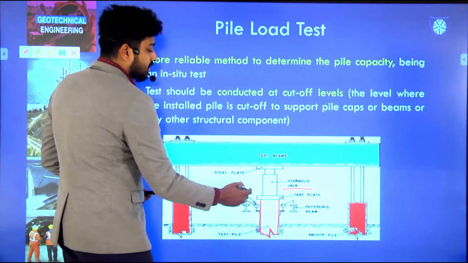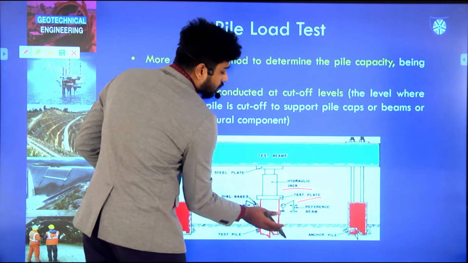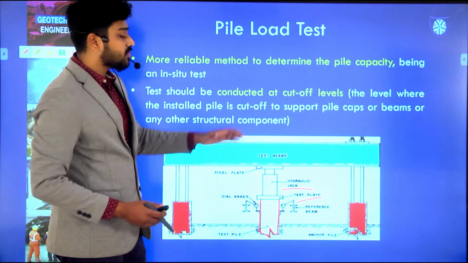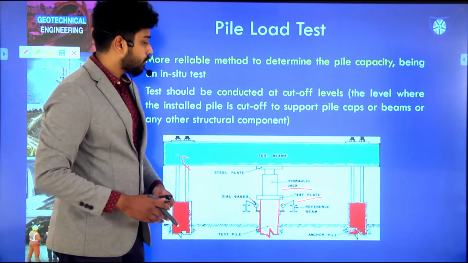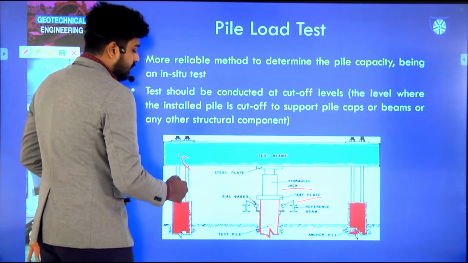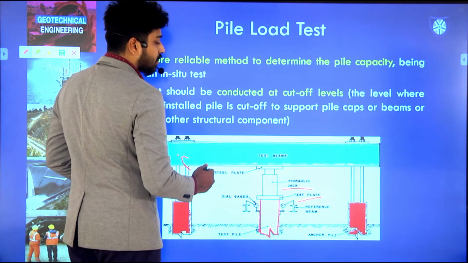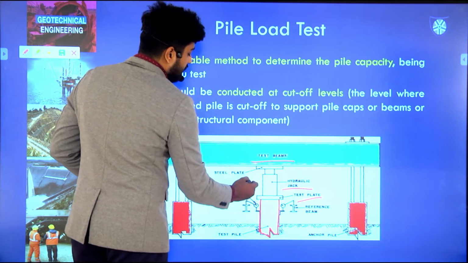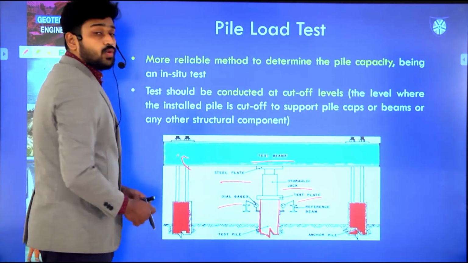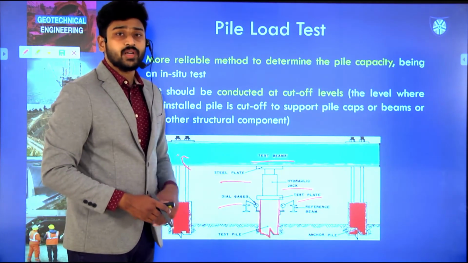There is a test plate placed on top of this pile so that it will distribute the load to the pile, and then it is driven into the ground. The other setup is similar to that of the plate load test, where it consists of the test beams, as well as the steel plate and dial gauge to measure the vertical displacement. Clear?